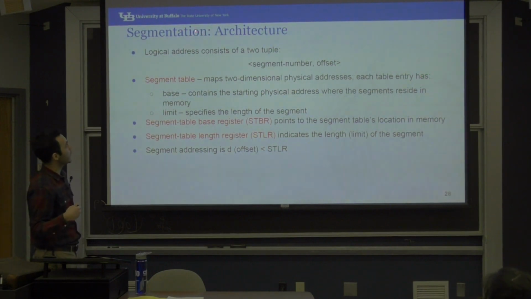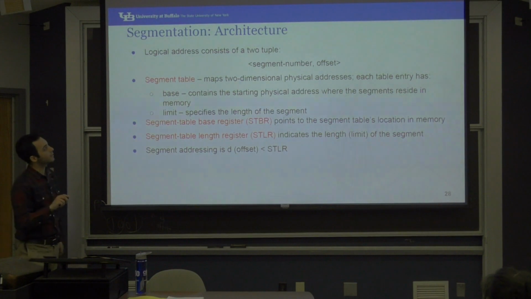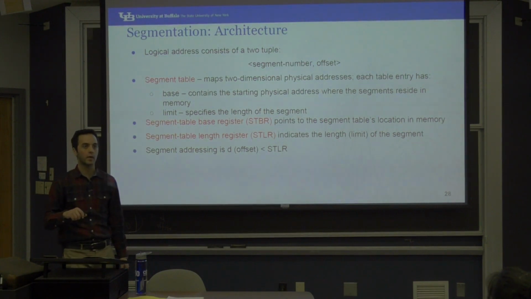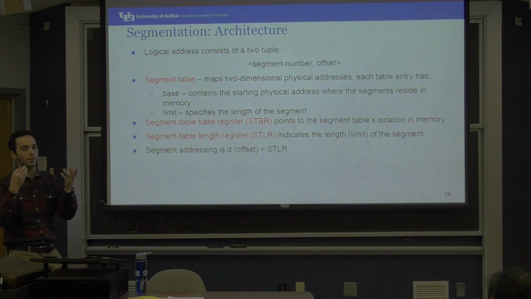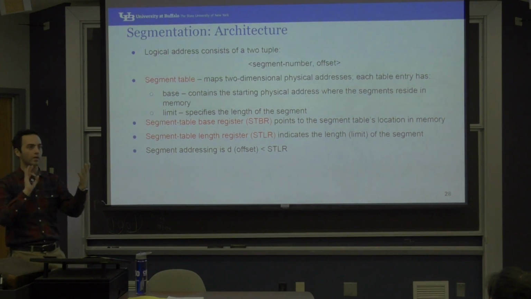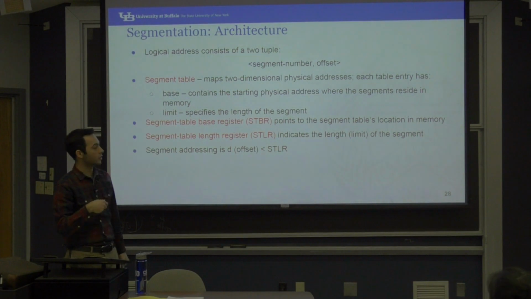So in order to handle segmentation, the operating system will consider the addresses as segment number and offset, right? Kind of the same idea as a page table, index and offset within the page, but now we have segments. So the segment table instead of a page table now has two-dimensional information.